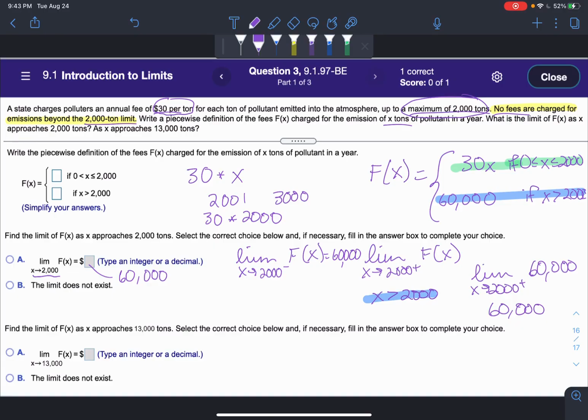All right. So now we can play the same game for this last part. What is the limit as x goes to 13,000 of f of x? All right, so let's look from the left and then let's look from the right. So from the left, we're considering values less than 13,000, but really close.